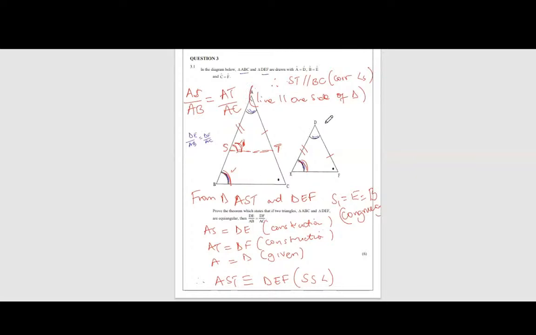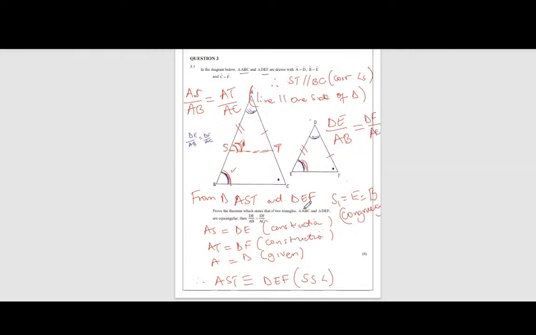But we said that DE is the same as AS. Where there is AS, I can just replace it with DE. So DE over AB is the same as, remember we said AT is the same as DF, so DF over the same AC.